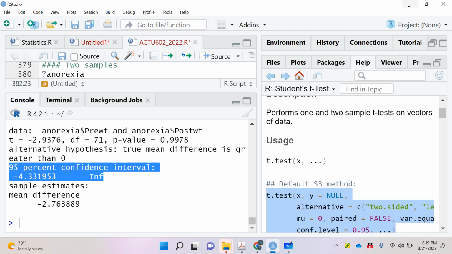Negative 4.33 to what? Does this include 0? Yes, it includes 0. So based on the confidence interval, what is your decision? We fail to reject the null hypothesis. It's the same thing as you did. So it means there is no difference between the pre-weight and post-weight. If there is a difference, this interval should not include 0. Is that okay? So that's it.